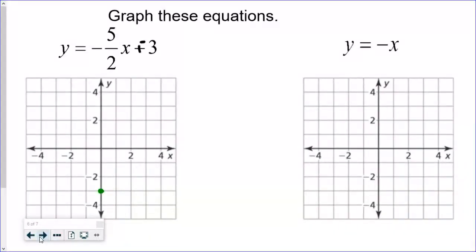Well, can I go down 5 from my green dot? No, I can't. So instead, I'm going to get rid of this in front and assign it to the bottom. Usually I'd assign it to the top, but I can't rise -5. Okay, but if I rise +5, 1, 2, 3, 4, 5, now I go back 2 and make a dot.